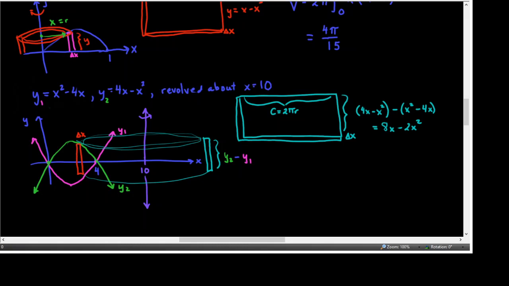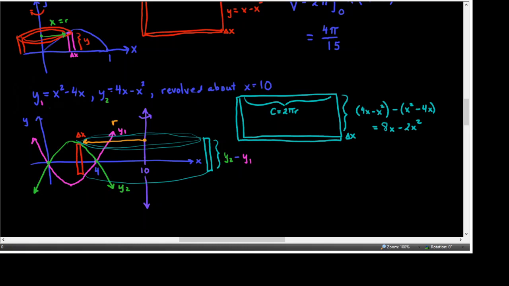The radius of this goes from the axis of revolution to the original curve. Make sure you don't go over to the right in this picture. You have to go back to the original curve that's there. Okay? That's the radius in orange.